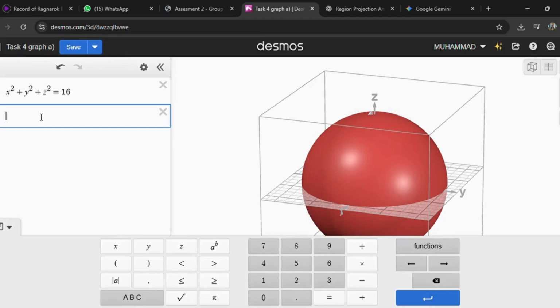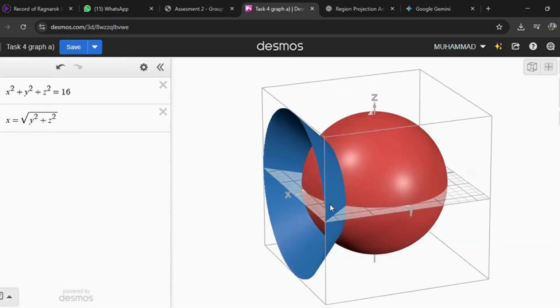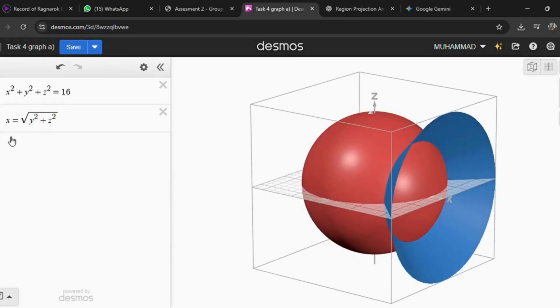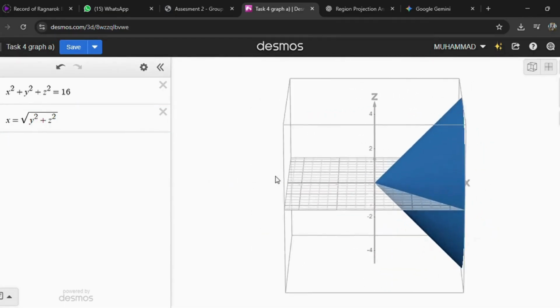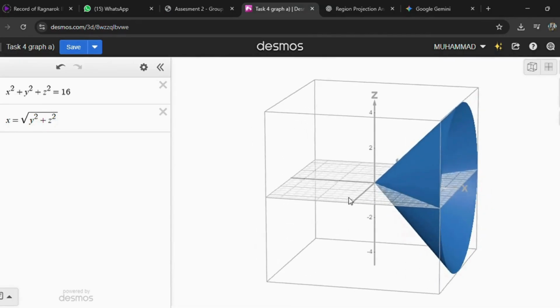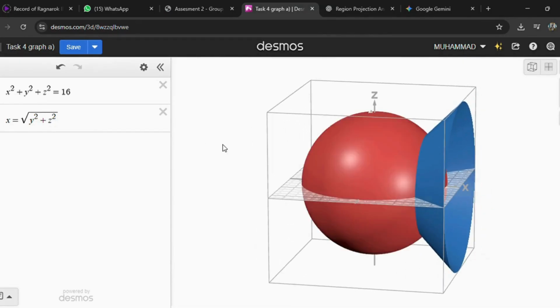After that, we put in the second equation, x equals square root of y square plus z square, which is the cone equation. This is the sphere with the cone. This is when we remove the sphere, this is the cone. This is the sphere and cone.